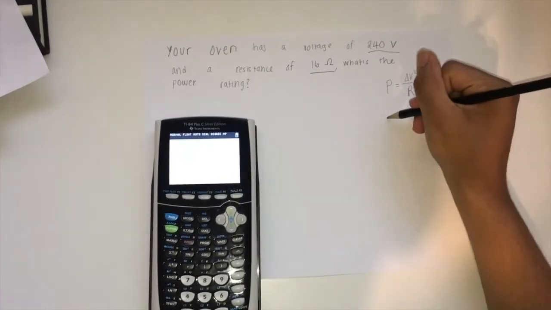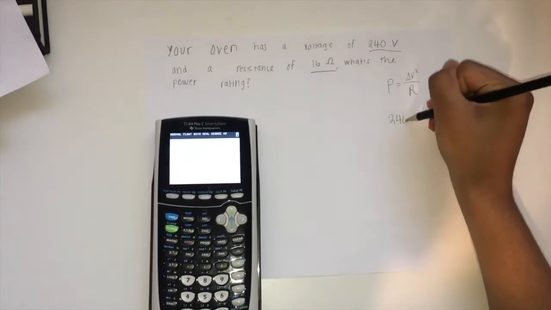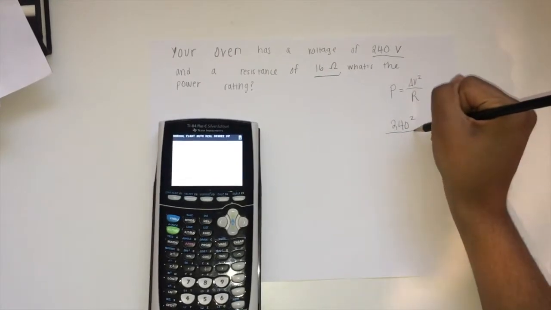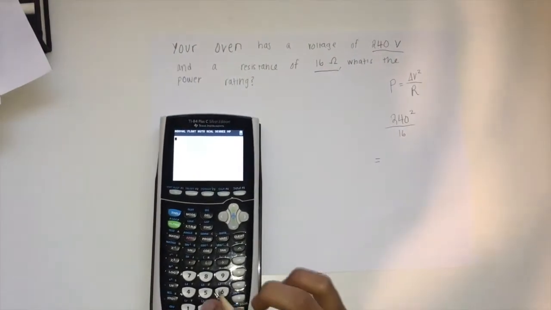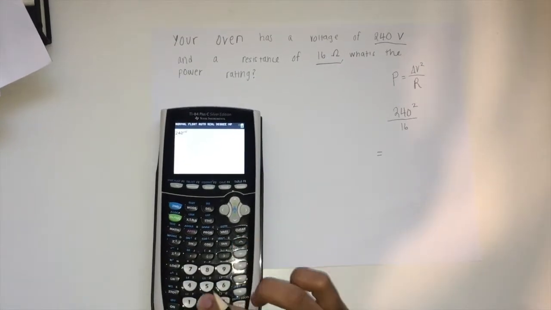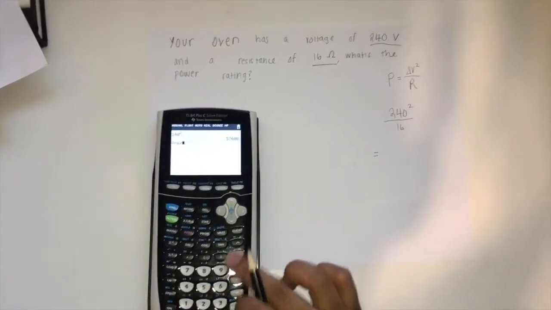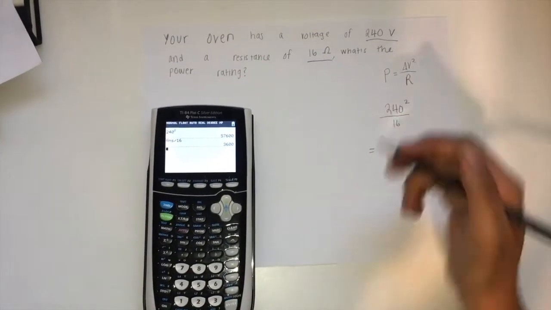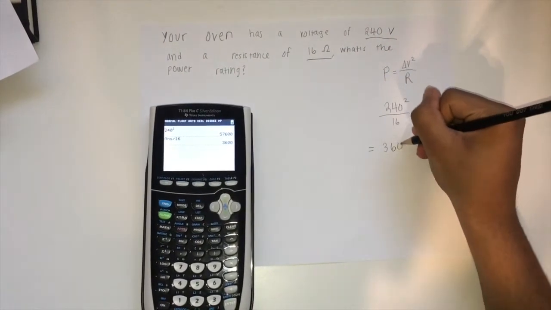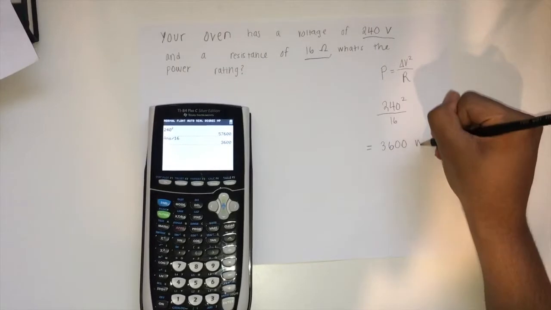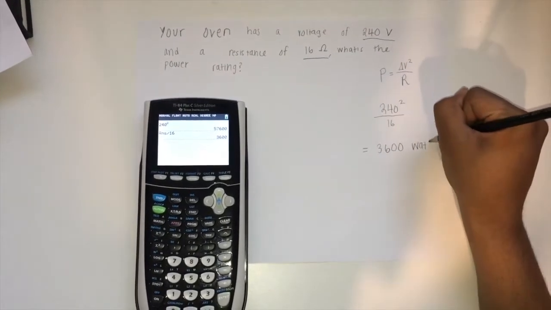You would do 240 squared over 16. This gives you a value of 3600 watts, which would be the power rating of the oven.